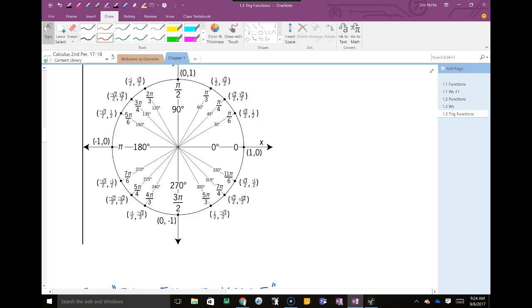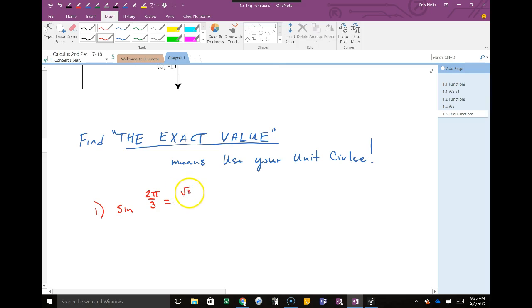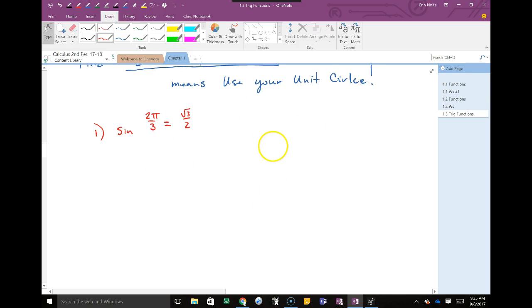Okay, so on your unit circle, you go to the angle 2 pi over 3. There it is. And what are we looking for? The y of the ordered pair. So I look at my ordered pair. The y value is the square root of 3 over 2. That was easy. Too easy? You're supposed to say yes.